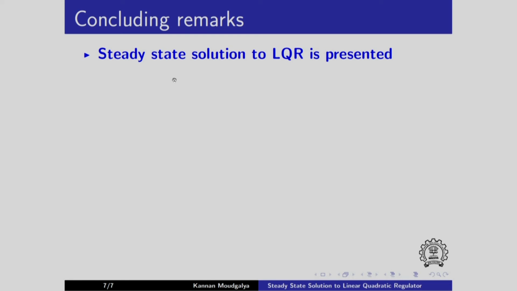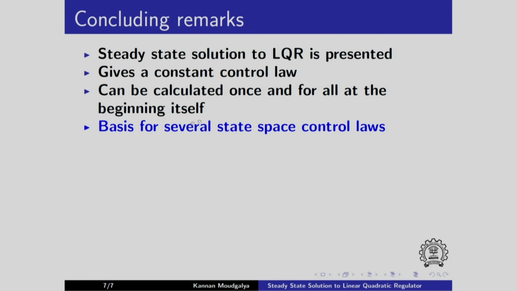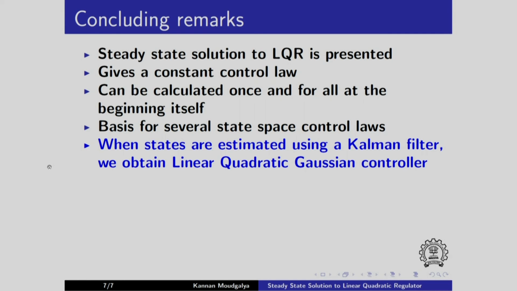To conclude, we presented a steady state solution to LQR. It gives a constant control law. It can be calculated once and for all at the beginning itself. This is a basis for several state space control laws. It is important to notice that we assumed the availability of the state vector x.